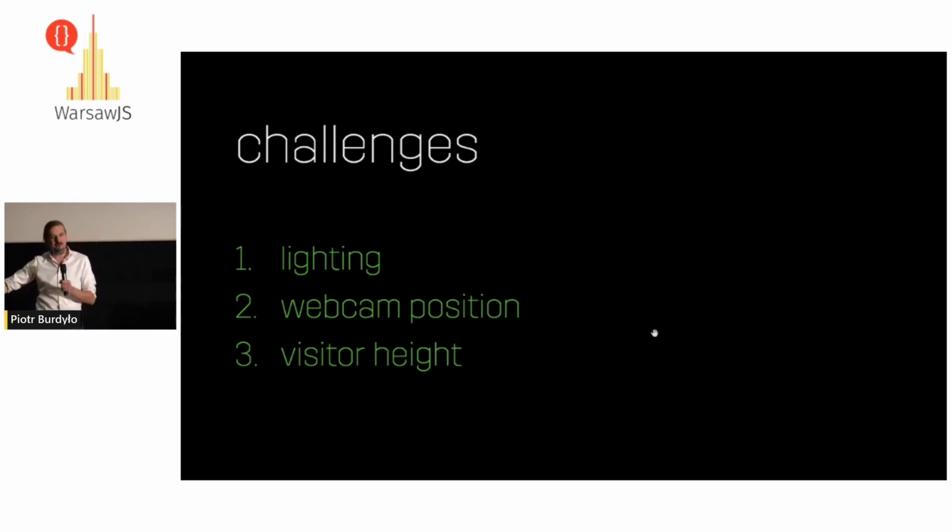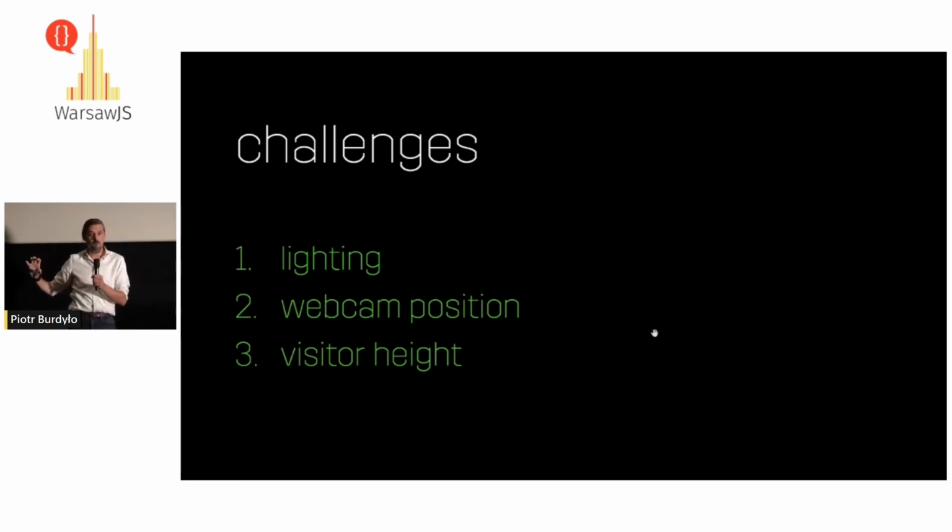Then the webcam position, having the AI part of the webcam positioning, created the only algorithmic problem in this project. We decided we couldn't have a webcam in front of the viewer, because in front of the viewer we have a screen behind the mirror. We could have it on the side, on top or on the bottom.